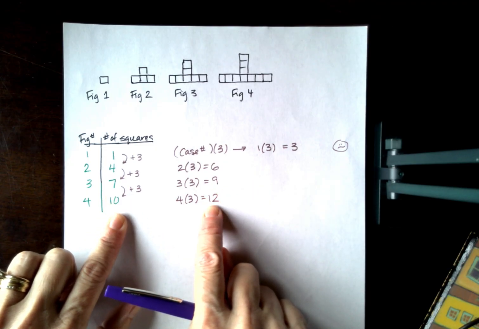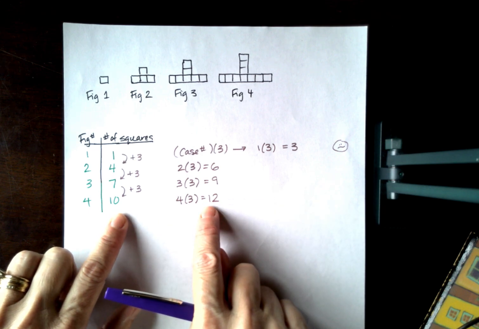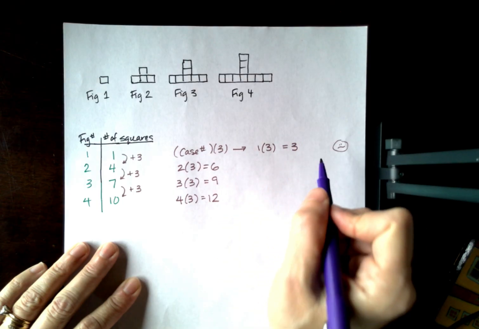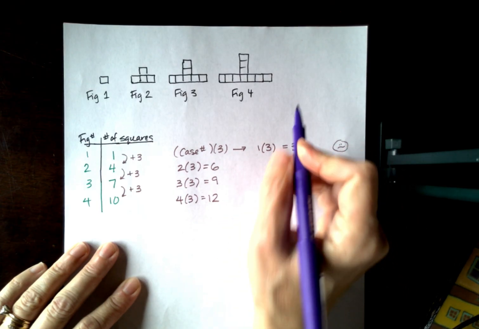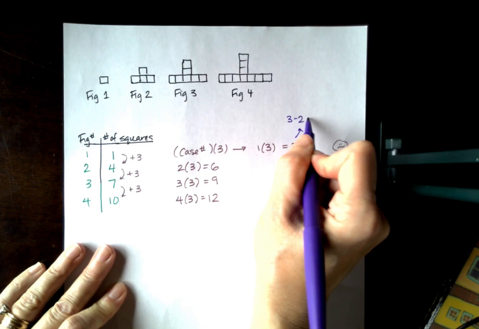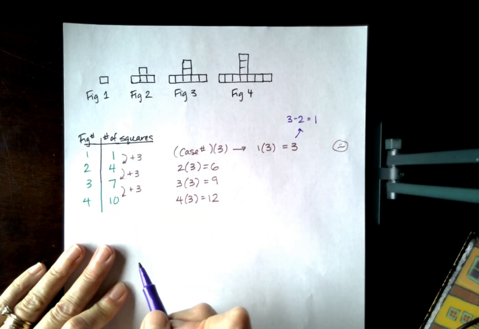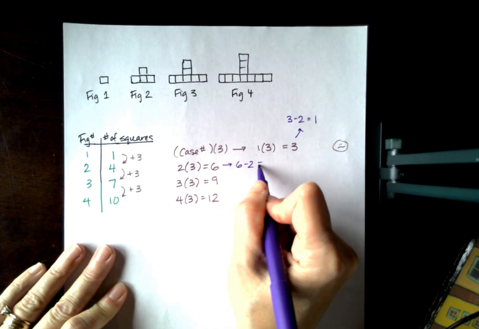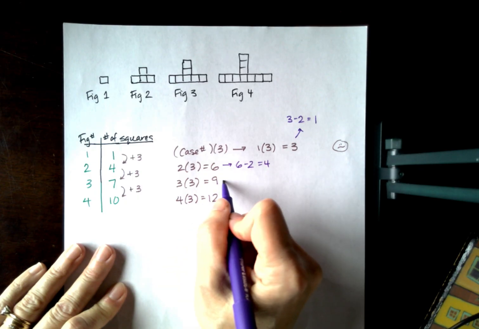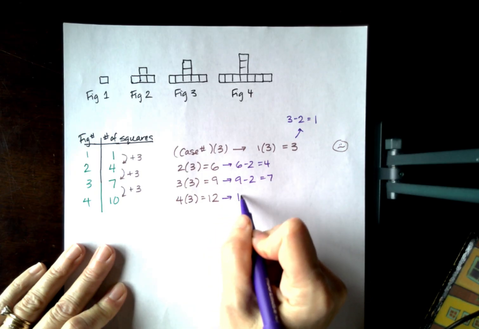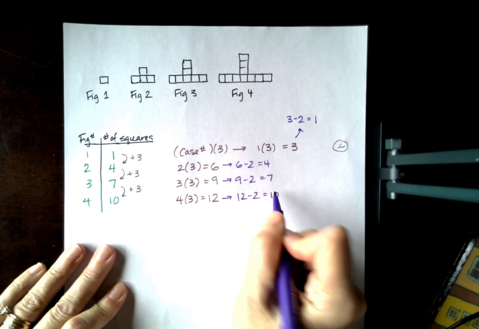And I'm hoping that you'll notice that there's a gap, a difference of 2 squares in each case. So I didn't leave myself enough room here. If I took the case number times 3 and then subtracted 2, I would get the number of squares that I need. Let's try it each time. 6 minus 2 is equal to 4. 9 minus 2 is equal to 7. 12 minus 2 is equal to 10.